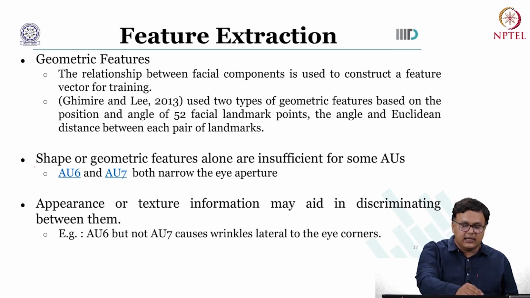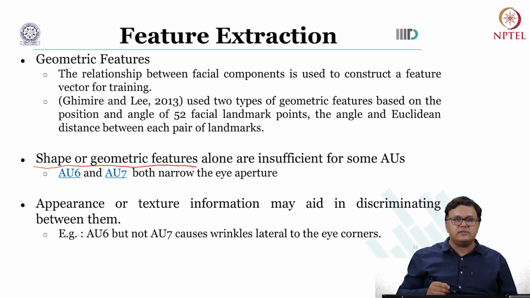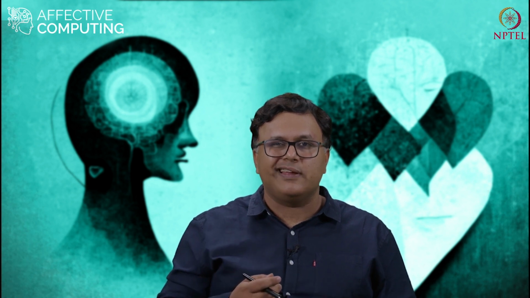It is noticed that shape or geometric features by themselves are not always sufficient. The reason is as follows. You're trying to analyze the expression of a person, and the person, let's say, gives a smirk. Notice my face, right? I gave a smirk.